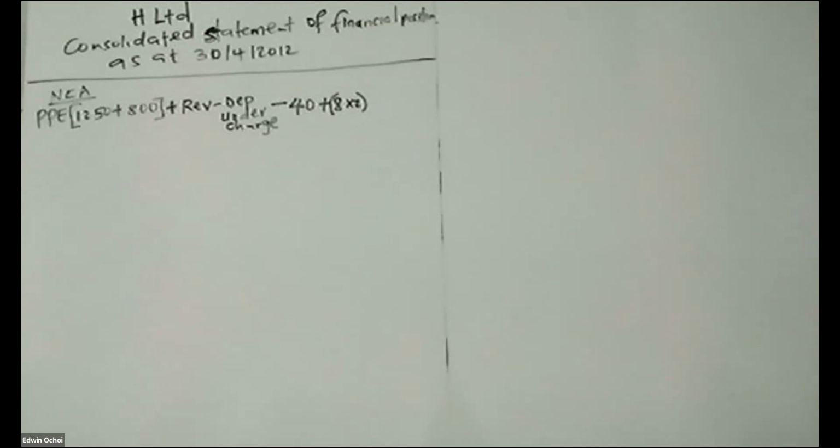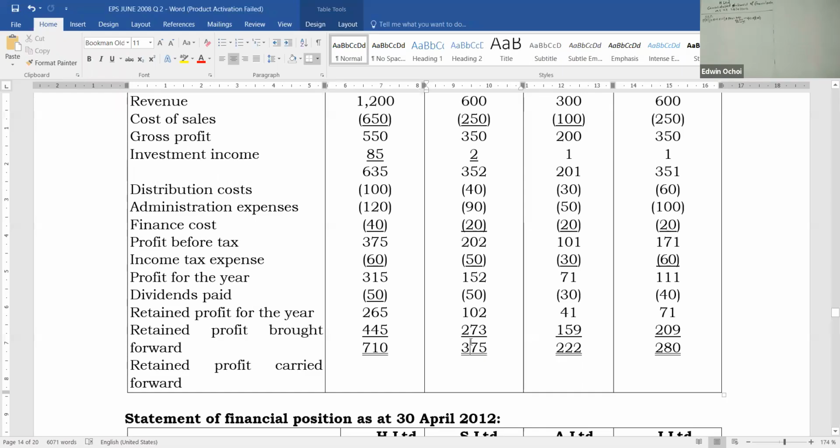Then depreciation overcharge you add. Remember, depreciation overcharge was concerning an asset which was sold in the year 2010. And from 2010 to the current year, how many years are those?